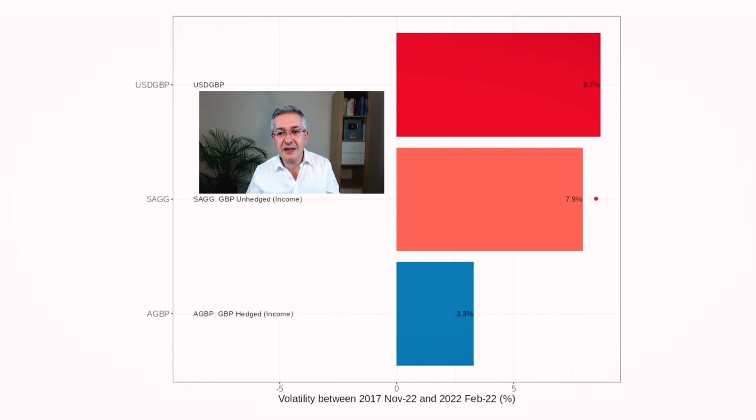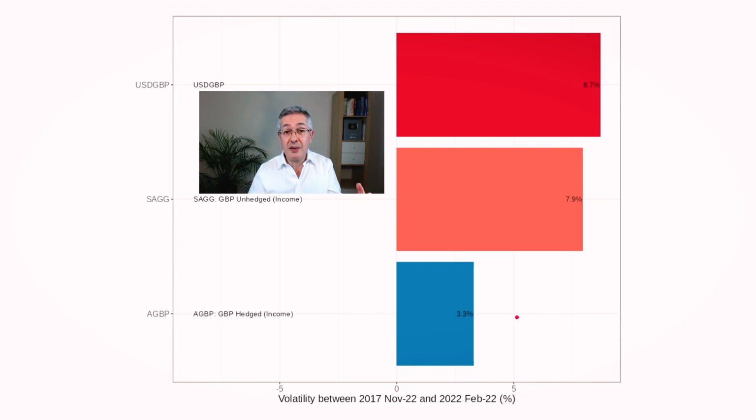There the volatility is not much less than it is for that currency pair. Now that volatility doesn't come from the bond fund itself. Most of it comes from the currency movements. And in fact, if we compare that with the hedged version, the sterling hedged version of the fund, where there's a derivative embedded inside the fund that cancels out all of the price movements in currency, there the volatility is only 3.3%.